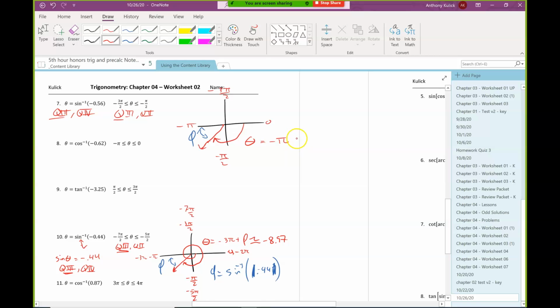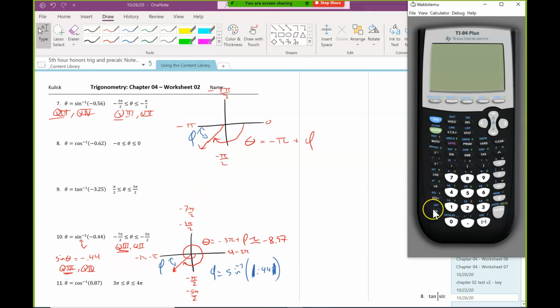So I really want negative pi plus phi there, which is a little counterintuitive until you remember that everything is getting smaller as I go in that rotation. So adding when the intervals are negative is equivalent to subtracting when the intervals are positive, which is easy to forget, but you just slow down and be careful about it. And I have a devil of a time sometimes slowing down.